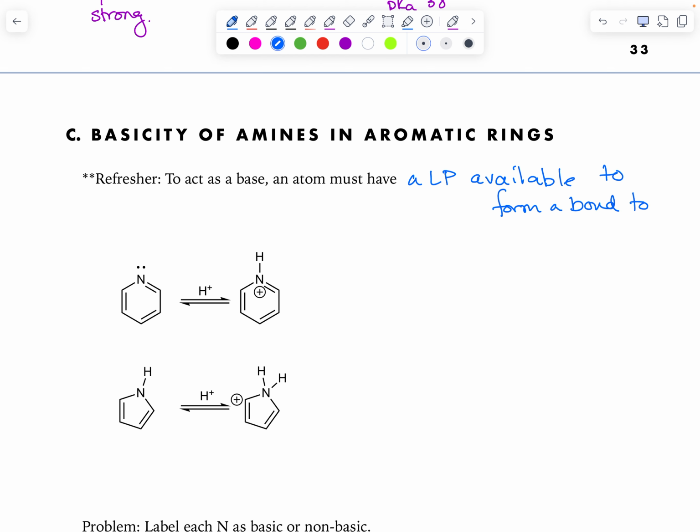That is a small space to put a pair of electrons. It normally wants to be in a hybridized orbital. It does so that that orbital with those electrons is parallel to the 2 pi bonds that are there.